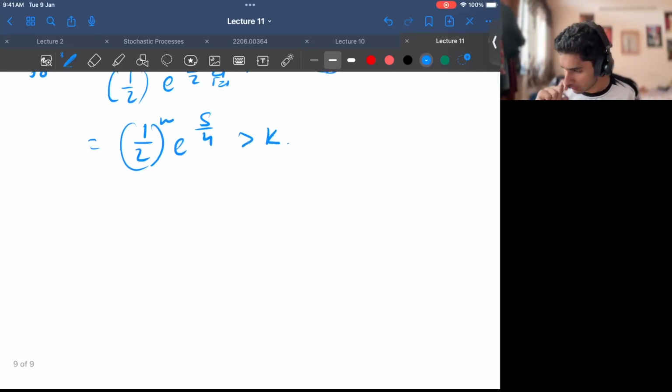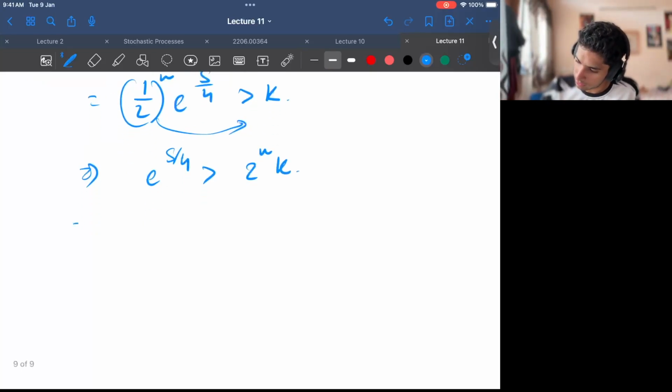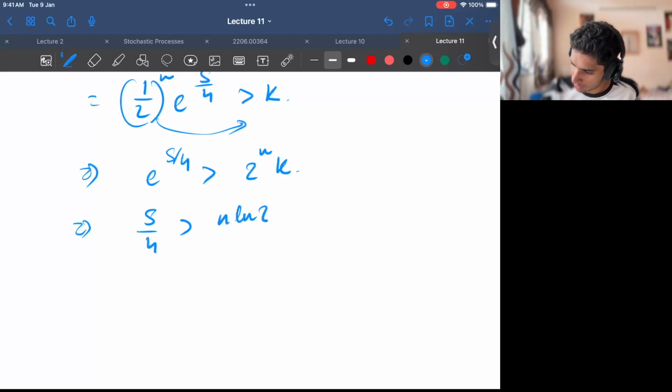And so what can I do? Take this thing here, right? So e raised to s by 4 has to be greater than 2 raised to n times k. This implies take log both the sides. So s by 4 should be greater than what? n log 2 plus log k.